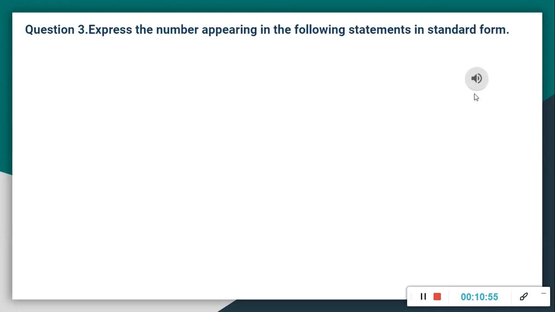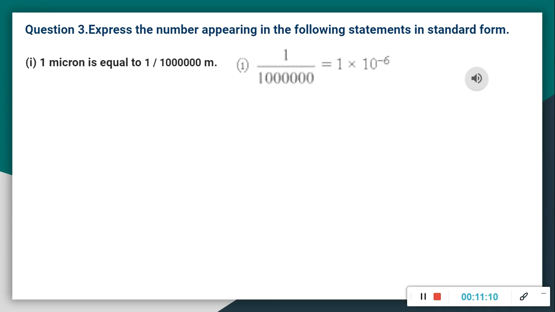Now third question. Express the numbers appearing in the following statements in standard form. First one is 1 micron is equal to 1 upon how much? 1 upon 6 zeros meter is given. Upon means it is in the denominator. How many zeros? 6 zeros are there.